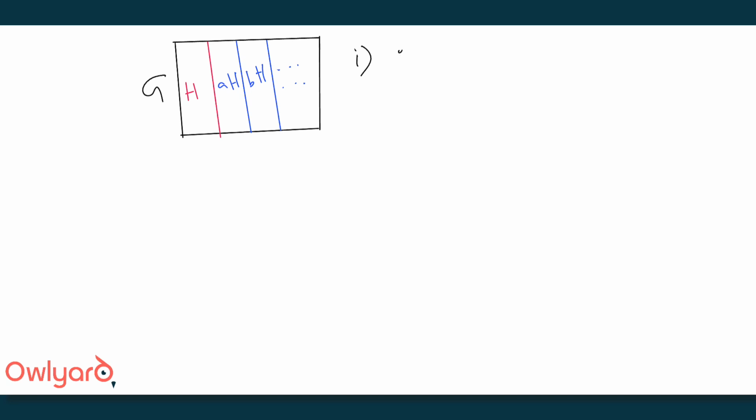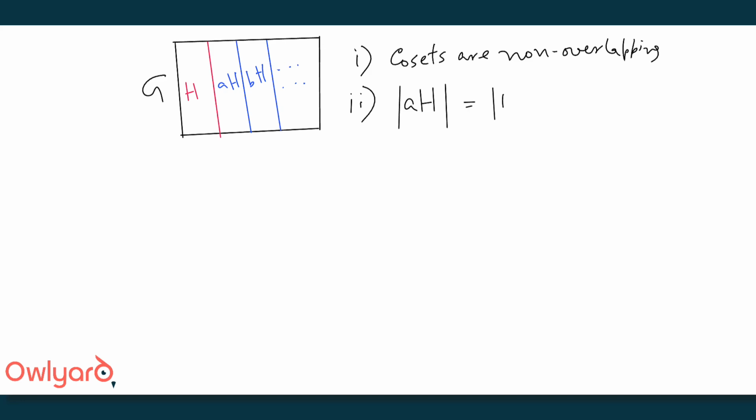Number one is that cosets are non-overlapping. That means if you take any two arbitrary cosets, their intersection will be a null set. And number two is that the size of any coset, let's say AH, is the same as the size of the subgroup H. If we can show that all the cosets are of the same size, and that size is the size of the subgroup H, and they are non-overlapping, then we can prove Lagrange theorem.